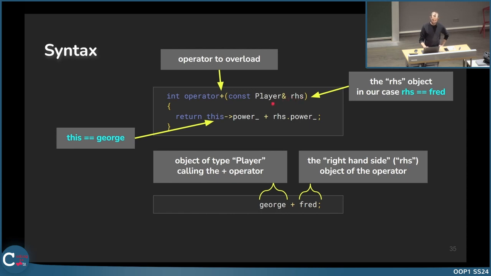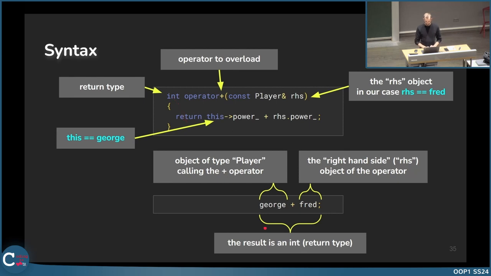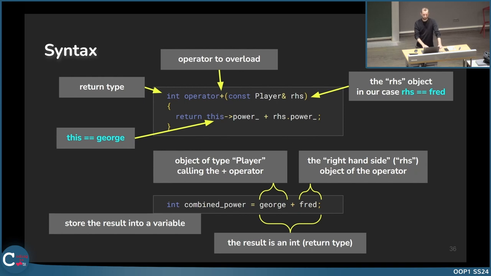And what we can do now is, okay, we add the power of George plus the power of, in this case, Fred. This is just a number, and the return type is integer, so we return an integer. So the result of the equation George plus Fred is an integer, and we can store this value then in a variable.